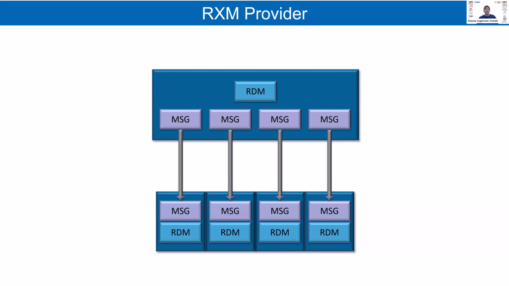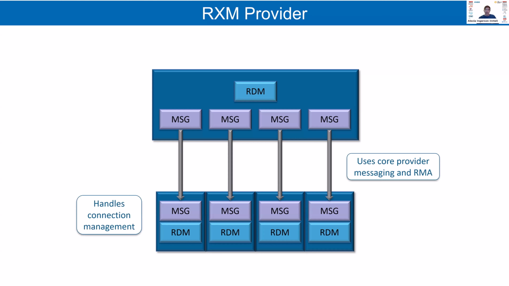So RXM here in dark blue manages the relationship between a single RDM endpoint in light blue that it exposes as a gateway for the app, but then multiple point-to-point message connections for each peer that it's talking to. So those are the ones in purple.